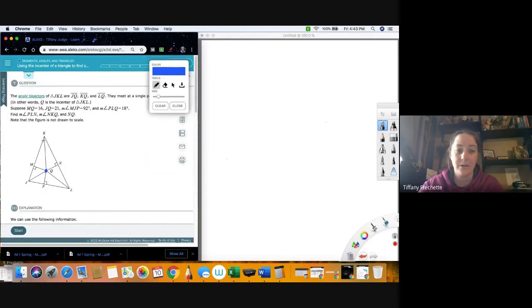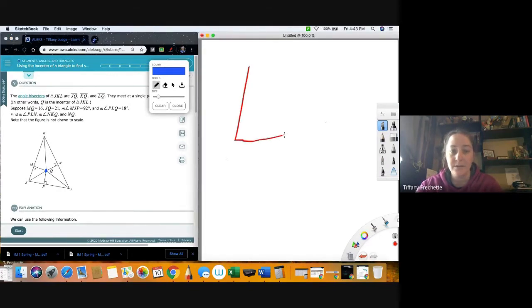So really quick, I'm going to attempt to draw this triangle here. So we've J, L. I'm gonna do a point here. Kind of makes it a little easier to draw from the point. So these are all my angle bisectors, and then straight down, I have all of these pieces here like this.